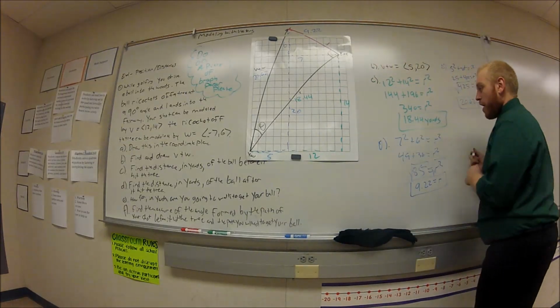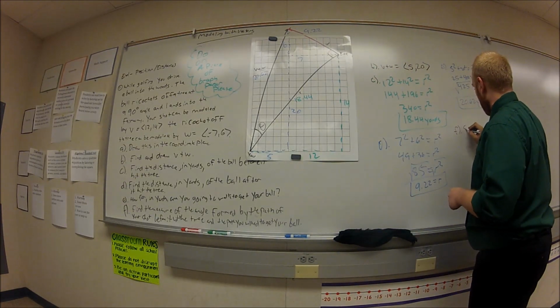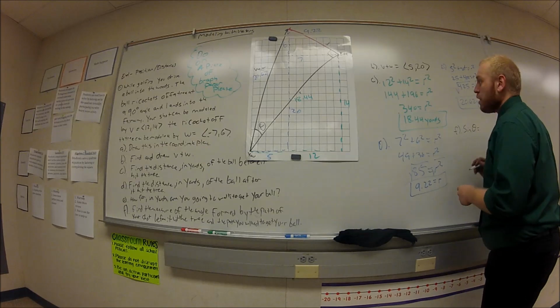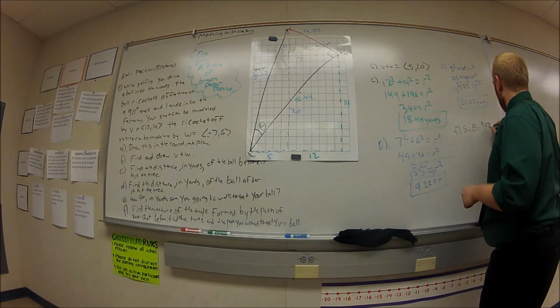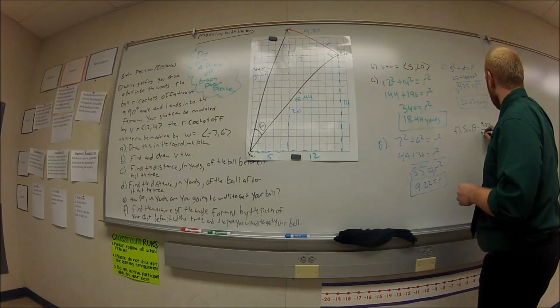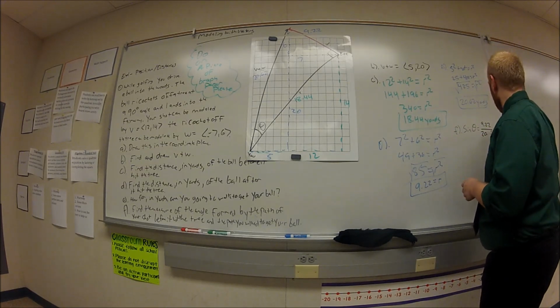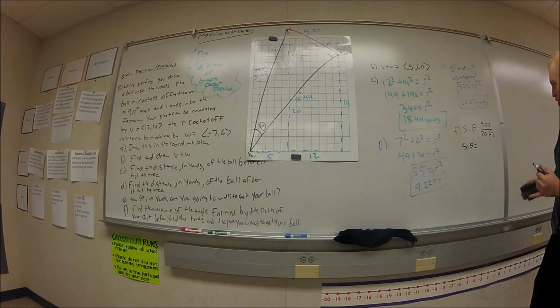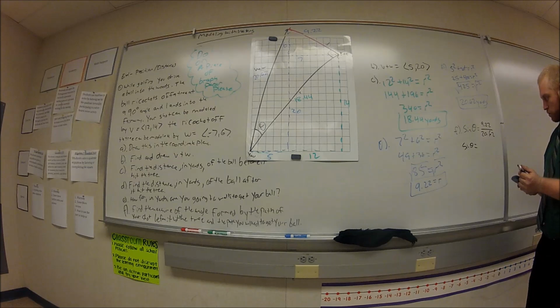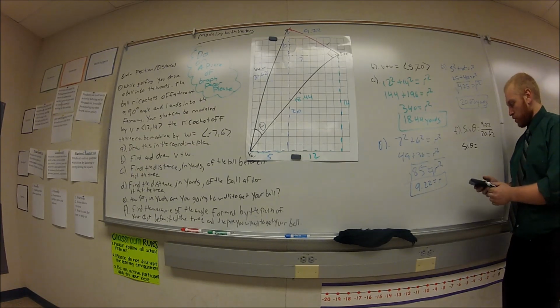So, part F. Sine of we don't know equals opposite, 9.22, over hypotenuse, 20.62. So we know that sine of theta equals 9.22 divided by 20.62. And then take the inverse sine.